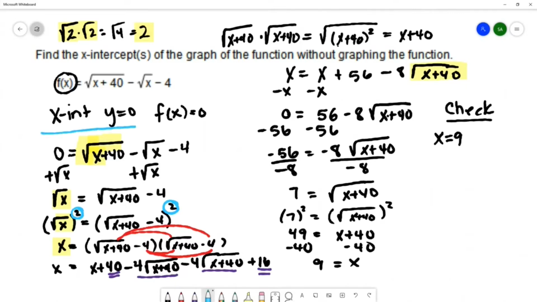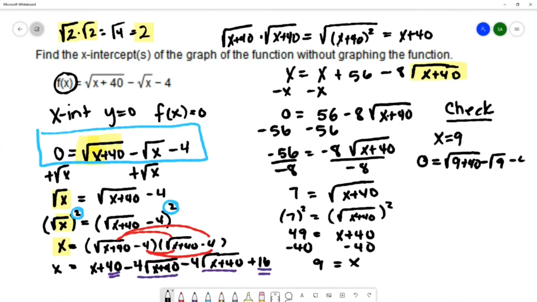In the original equation, where I'm trying to find the x-intercept, I'm going to substitute in x equals 9. So that gives 0 equals the square root of 9 plus 40 minus the square root of 9 minus 4. That's the square root of 49.